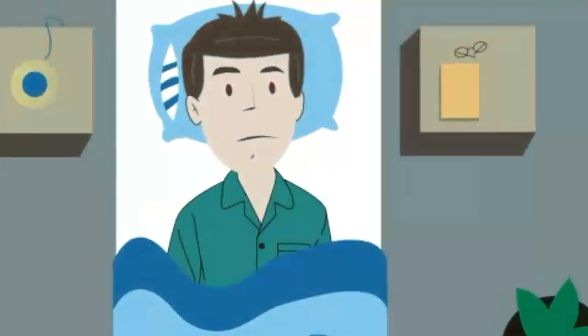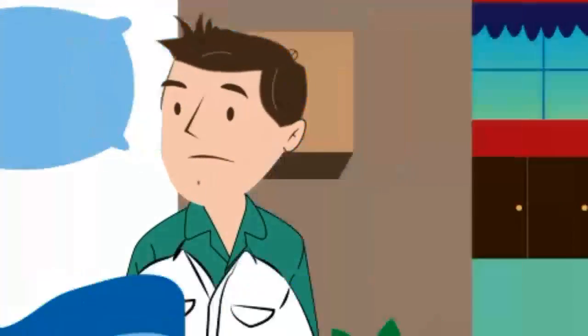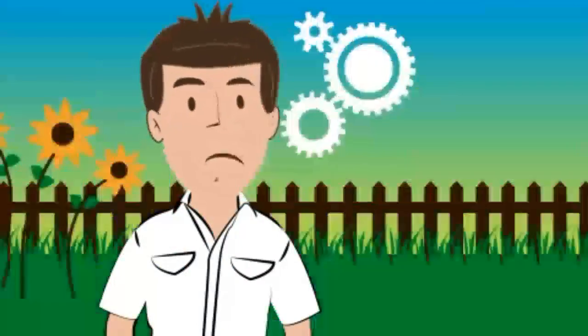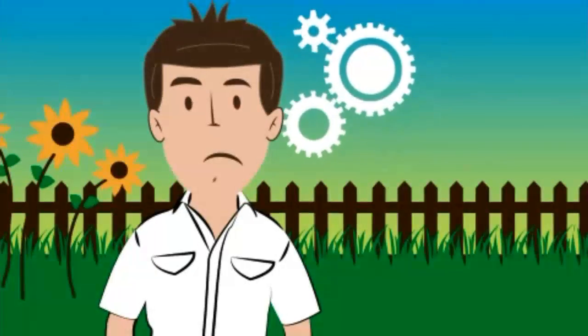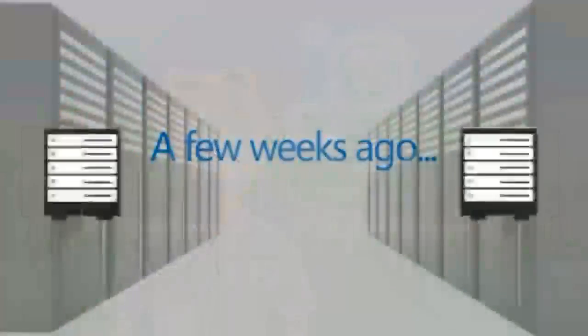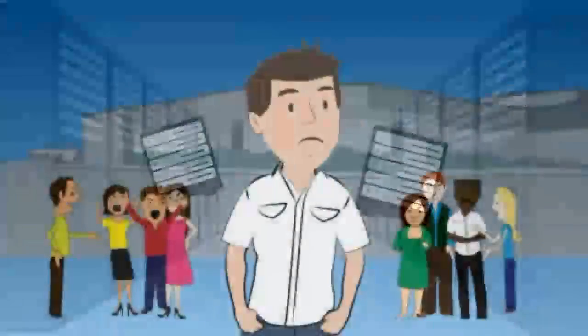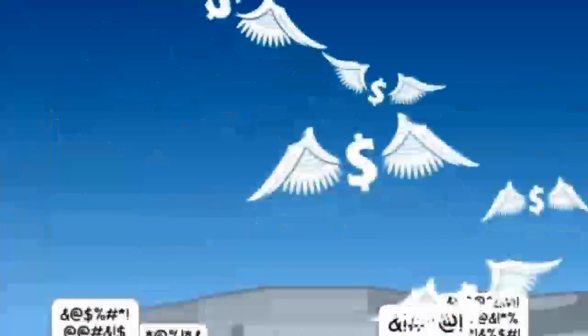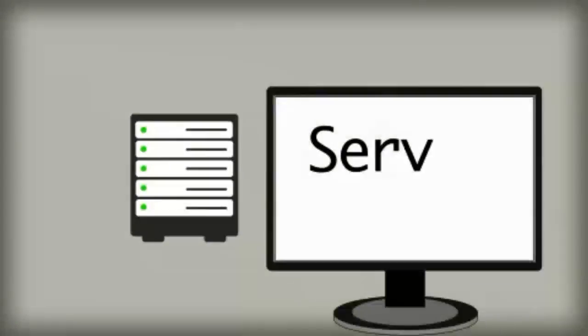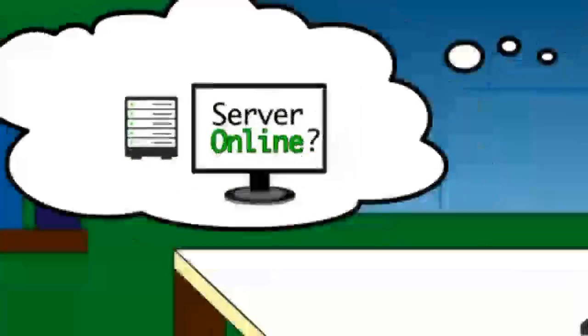Lately, you've had a little trouble sleeping, or eating, or thinking, or blinking. A few weeks ago, a bunch of servers crashed, which meant downtime, frustrated people, and $1 bazillion wasted. Things are up and running now, and everything seems fine. But what if it happens again?